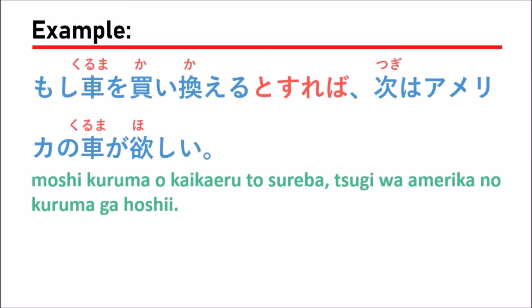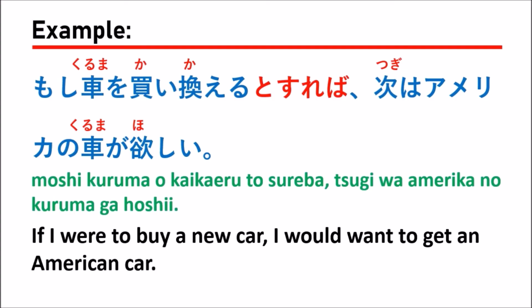The next example, they say もし車を買い替えるとすれば次はアメリカの車が欲しい。Which means that if I were to buy a new car, I want to get an American car. In this sentence, you see that they used the verb.